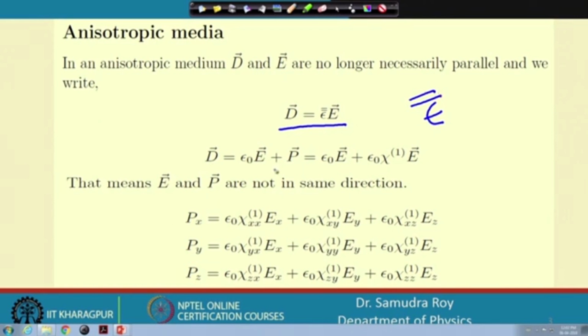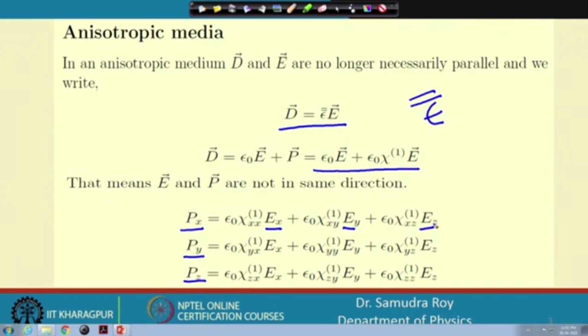Now, D is expanded in terms of polarization also, and in this equation we can see that D and E are not parallel because P and E are not parallel. That means the dipole moment that is generated due to the application of the electric field has a different direction from that of the electric field. So, if I write the relationship between the polarization components Px, Py, Pz, they are no longer proportional to the Ex component only; rather the Ey and Ez components are still there in the system.